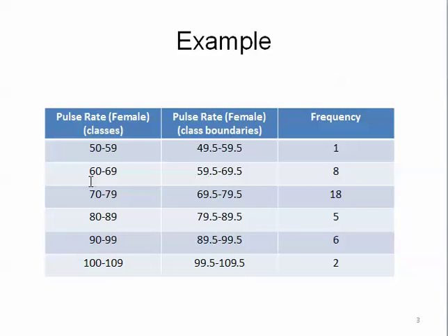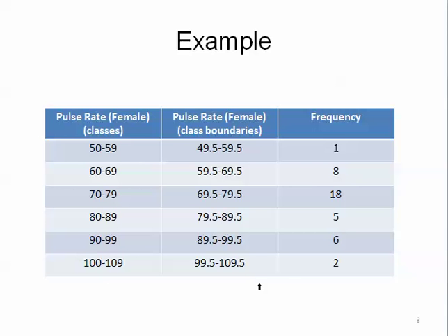So 60 is 0.5 bigger than 59.5, which means we use a difference of 0.5 to separate each class. So from the first class limit, which is 50, we go down by 0.5, and that is its corresponding class boundary. And then for the last one, 109 is the upper class limit of the last class. So to get its class boundary, we just add 0.5.